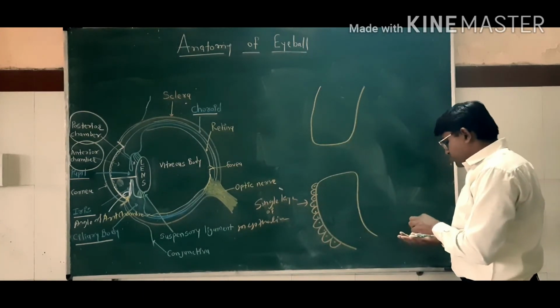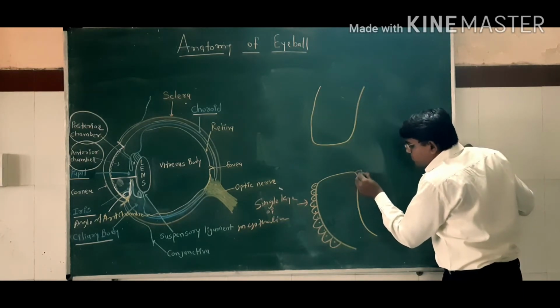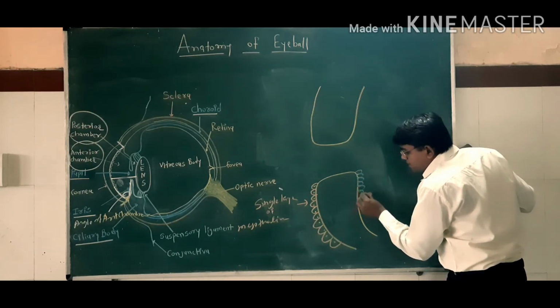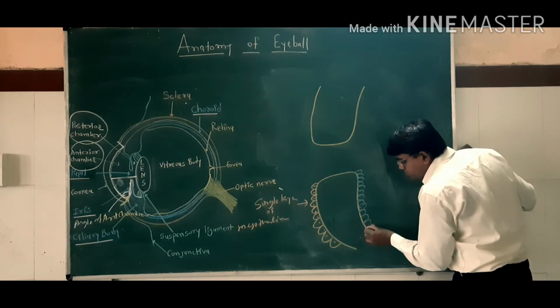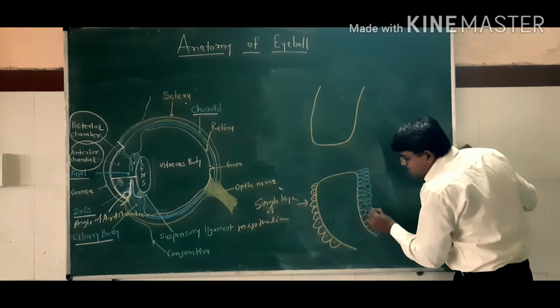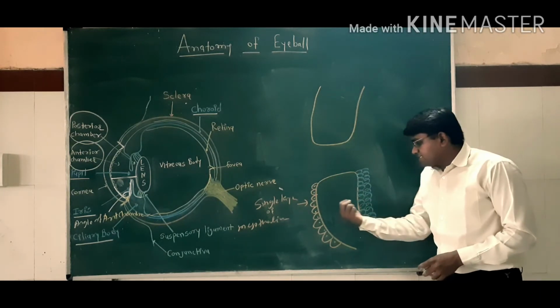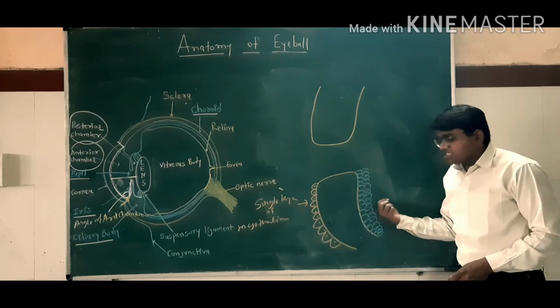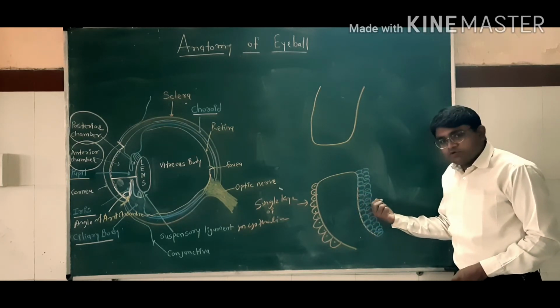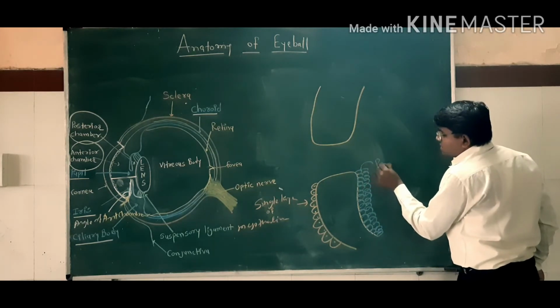And on its posterior side there is a double layer of darkly pigmented cells. The pigmented cells are present on its posterior surface, and on this posterior surface there is a double layer of pigmented cells.